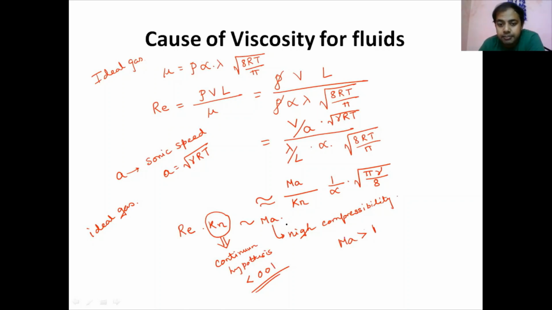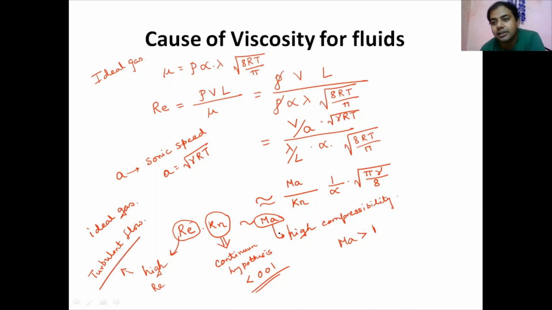To get high compressibility and high speed, you must have a high Reynolds number. If the Reynolds number is high, the flow will become turbulent. So for an ideal gas, high compressibility implies high turbulence.